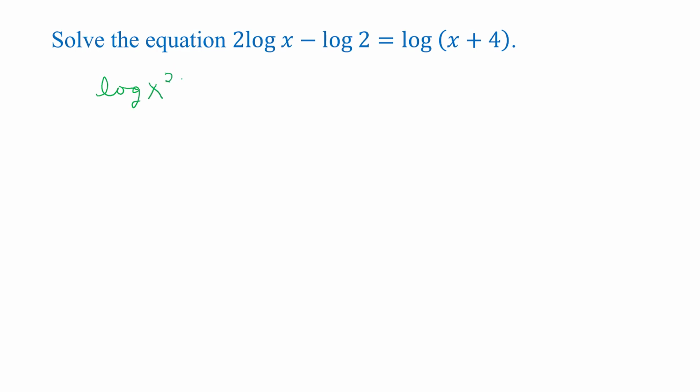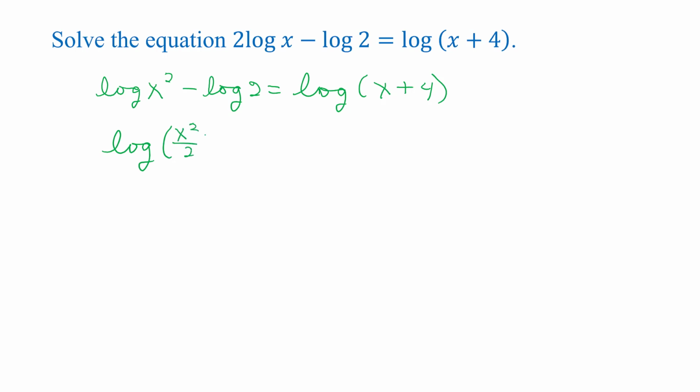And so we have log of x squared minus log 2 on the left side. I can combine logs on the left side using the difference property of logarithms. So I would have log of (x squared over 2) equals log of (x plus 4).